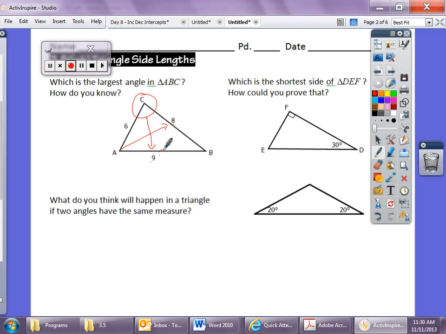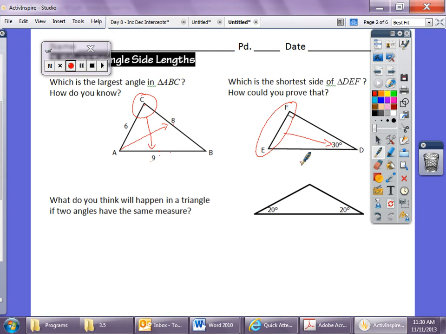Well, 9 is greater than 8, so this side is opposite this angle, so that angle is going to be the greatest. And if we say which side is the shortest, well, obviously we know that EF is the shortest side, and we compare it to this angle, that's also the shortest angle.